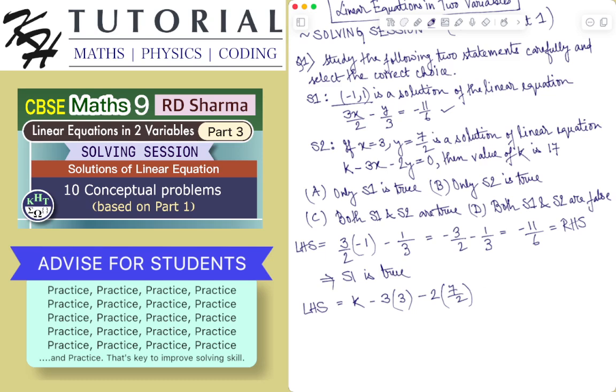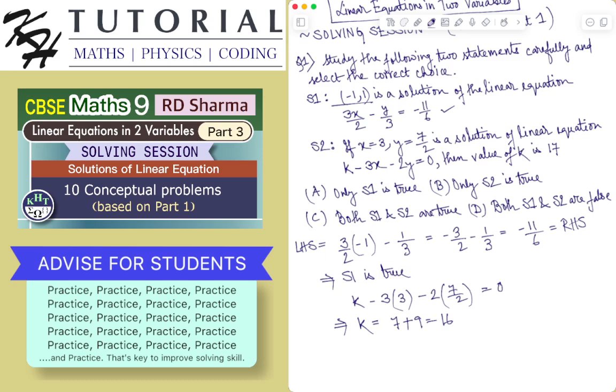This should be equal to 0. Actually, we have to find the value of k for statement 2. So this implies we have k is equal to 7 plus 9, which is 16.